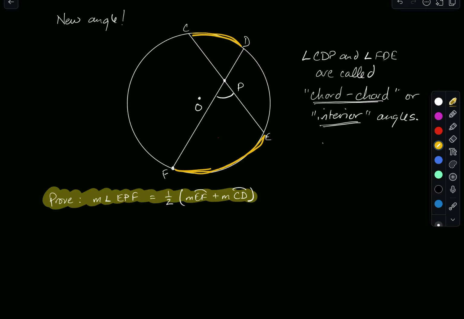Easy peasy lemon squeezy. So it's the sum of the arcs that are intercepted by the angle and the vertical angle, and then we cut that in half. Or another way to say it, it's the average of the two arcs that are intercepted by my angles.